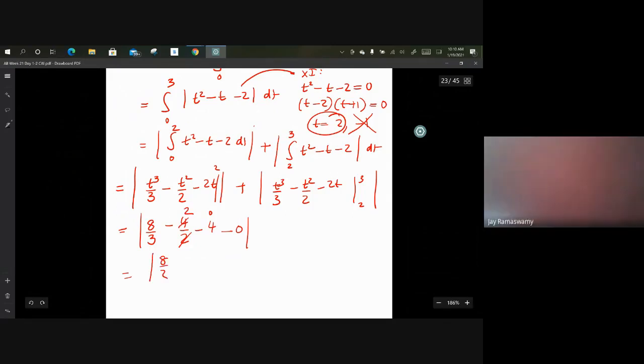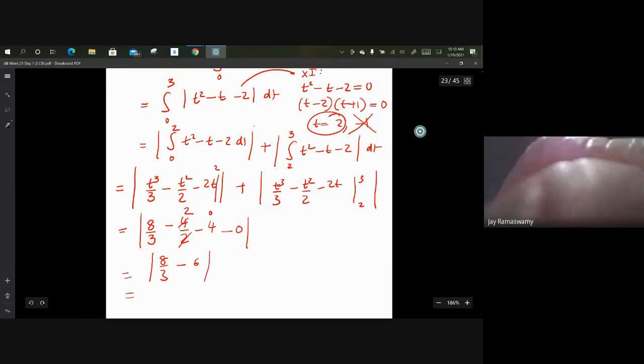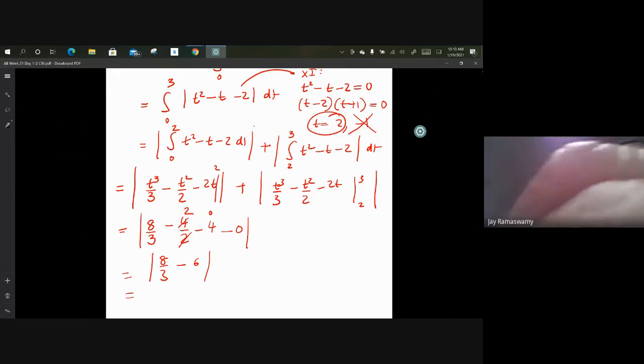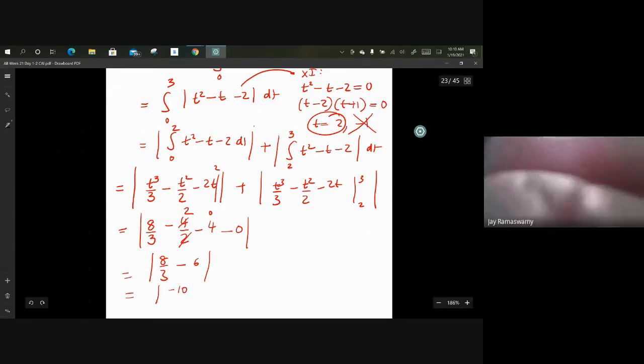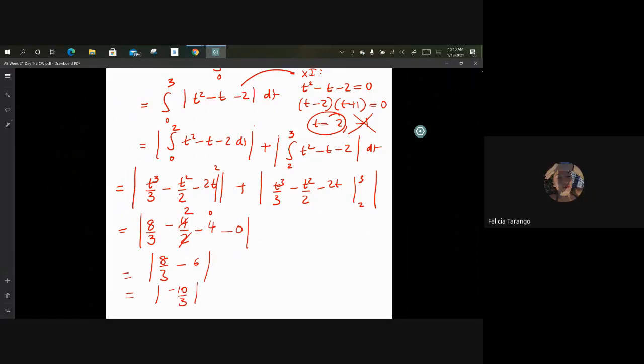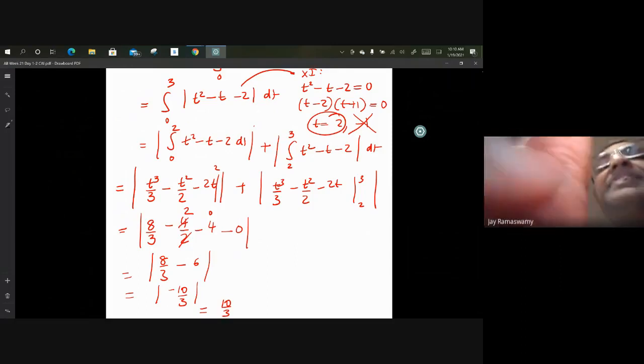So is that 8/3 minus 6? Yes, which becomes negative 10 over 3. Absolute value, so it'd be 10 over 3. Now you'll understand why we write absolute value in every step. That part was below the axis. So 10/3.